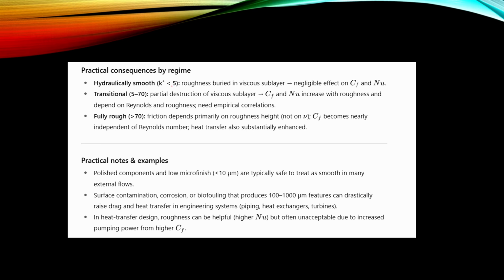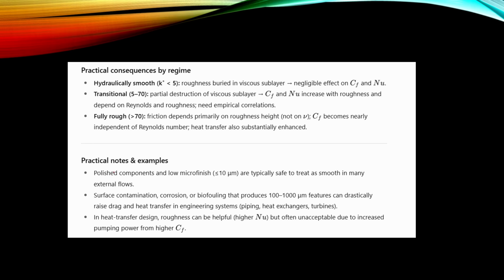If this K plus value is less than 5, we can say that the roughness has no effect on friction factor and Nusselt number. But if this K plus is higher than 70, then this friction factor becomes nearly independent of Reynolds number and heat transfer is enhanced.